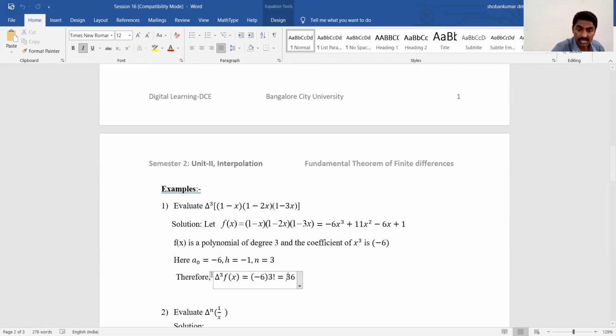Because h raised to 3 is minus 1, minus into minus, plus. Once again, minus 1 to the power 3 is minus 1.